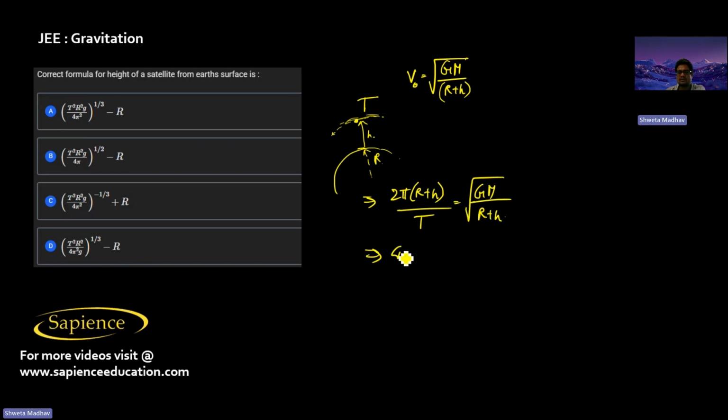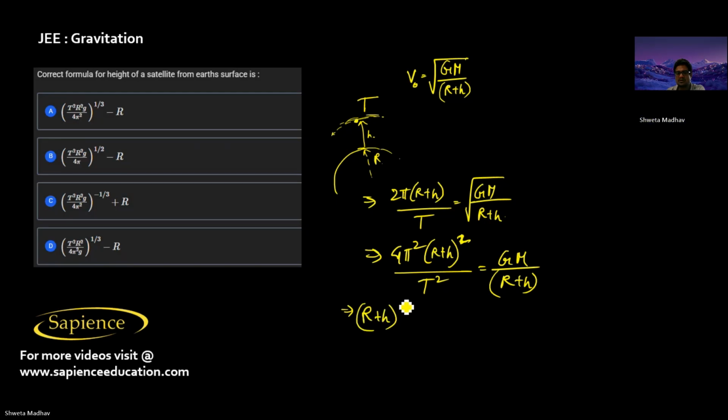So if we square both sides, then we will get 4 pi square into (R plus h) whole square by T square, that is equal to GM by (R plus h). So therefore, I can say that (R plus h) whole cube is equal to GM into T square by 4 pi square. And G into the mass of Earth, I can say, is equal to g R square.